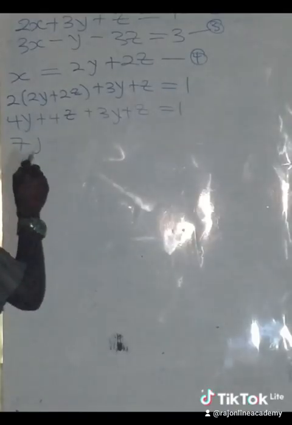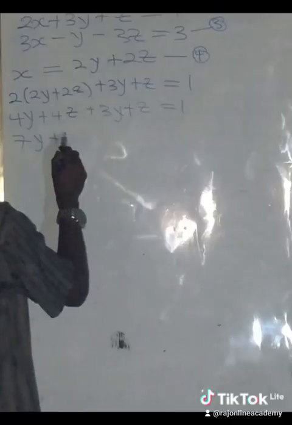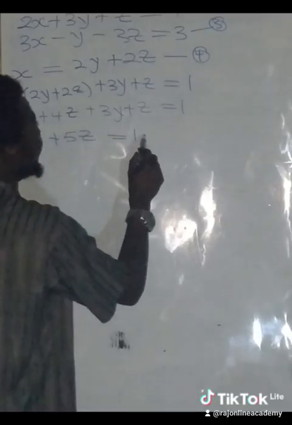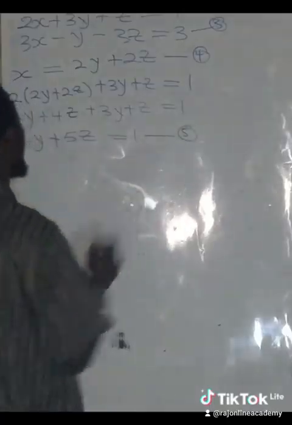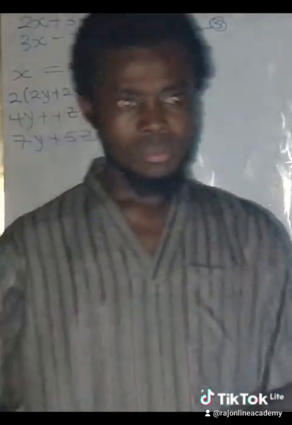We have 4z plus z, what is that? 5z. We now have 7y plus 5z equals 1. Call this equation 5. The target here is for you to have 2 unknowns. Are we okay, sir?